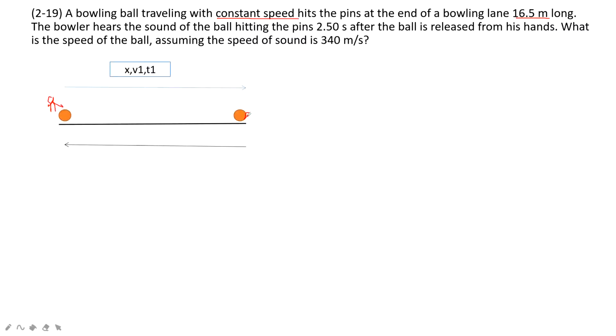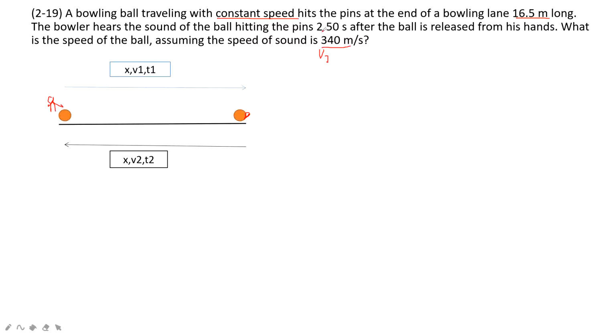There is sound. The sound travels back to the person. Agree? So in the second part, the displacement is still x, but the velocity v2 is the speed of sound, and the time taken is t2.